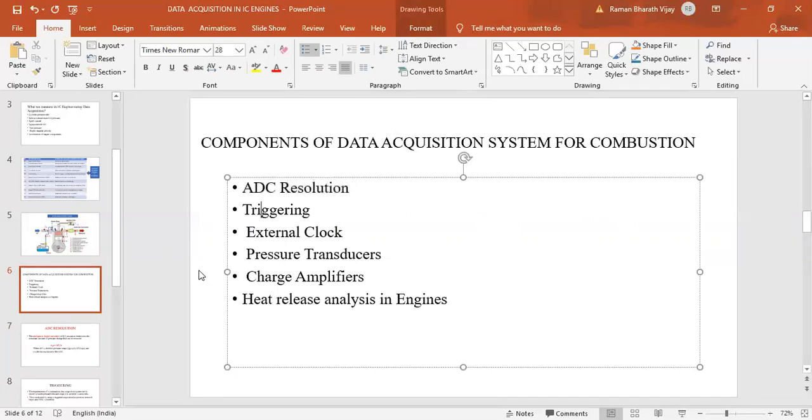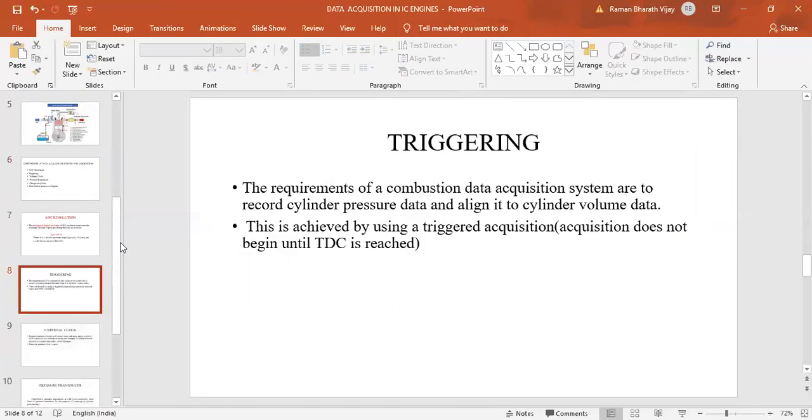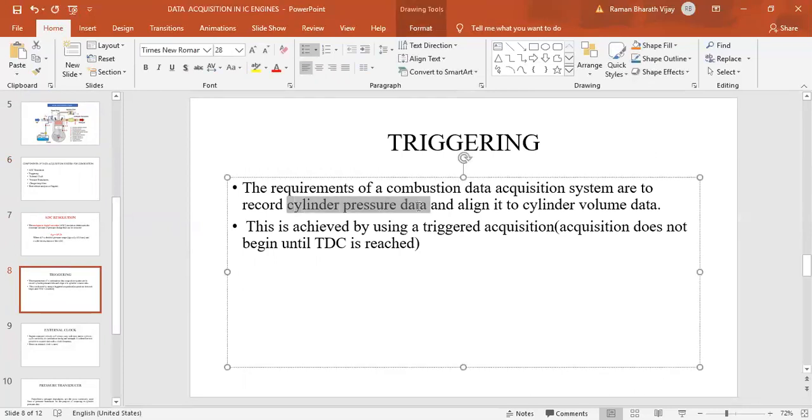Now what about triggering? For example, I have to record the cylinder pressure data. I want to record cylinder pressure data and I have to align it to cylinder volume data. Then I use this triggering.